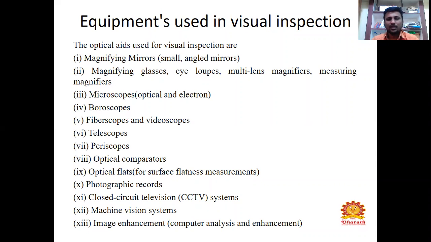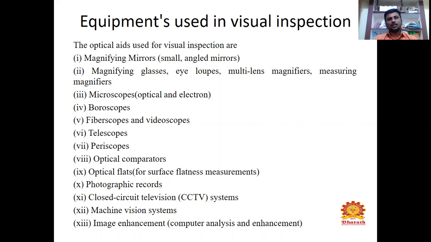Then the optical comparator. Also here we are using optical flats, because we can find flatness measurements, the surface flatness. If you want to check it invisibly, use optical flats to find out that flat measurement. Okay, it has some limitations.